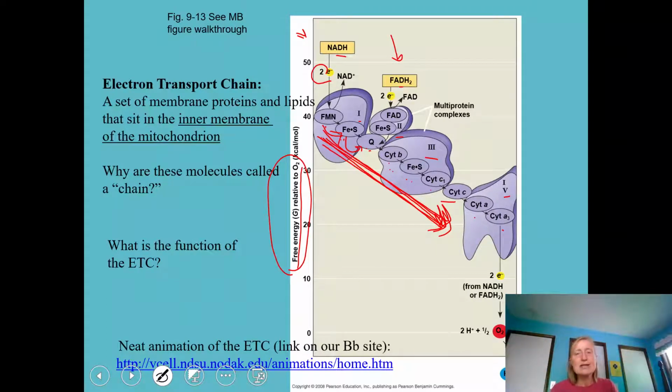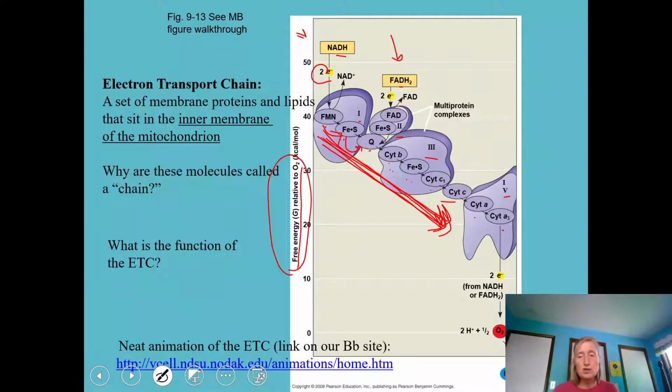Absolutely. So this fall of electrons is kind of considered a slow fall of electrons from NADH and FADH2 to oxygen. With the slow fall of electrons, our cells can tap into the energy that's released and use that energy somehow to make ATP. We just have to figure out how.